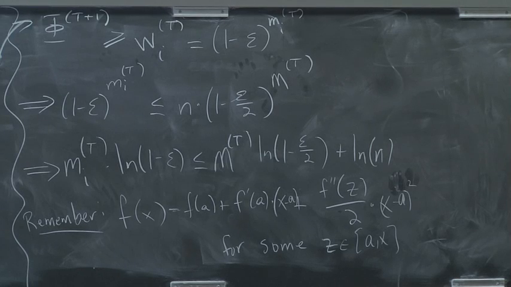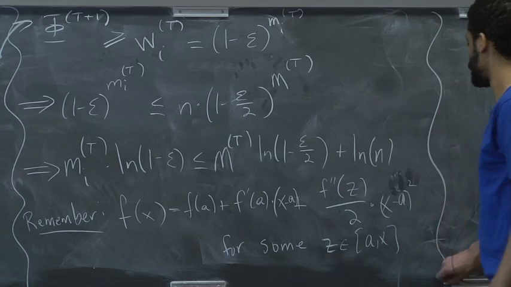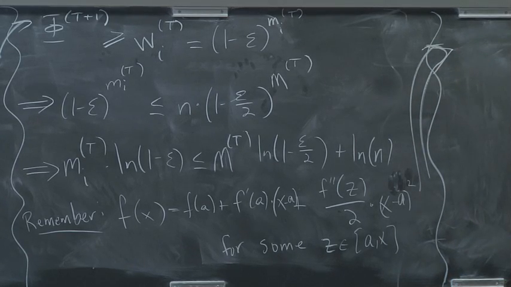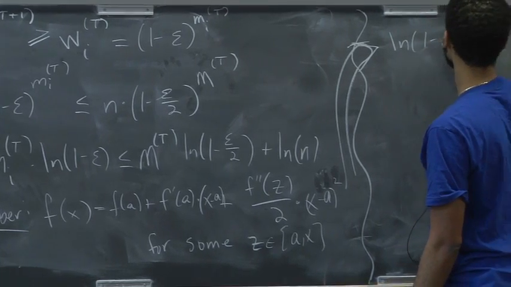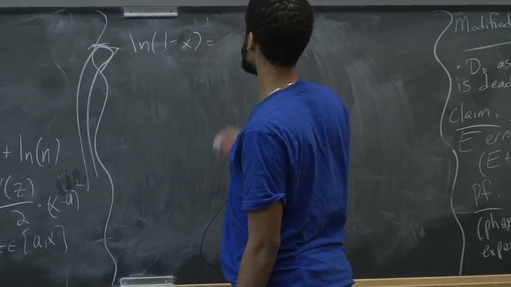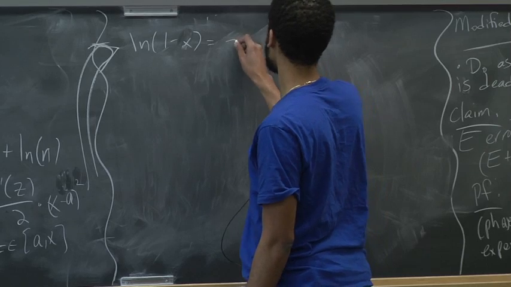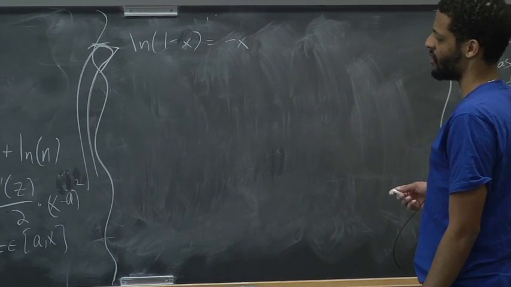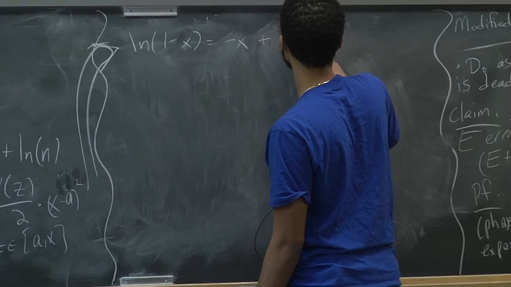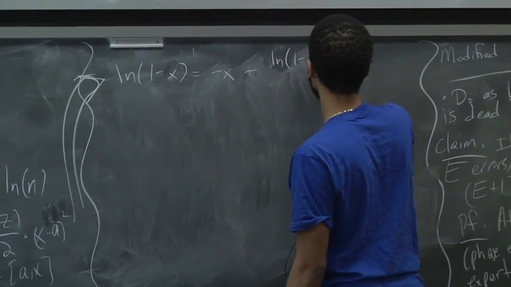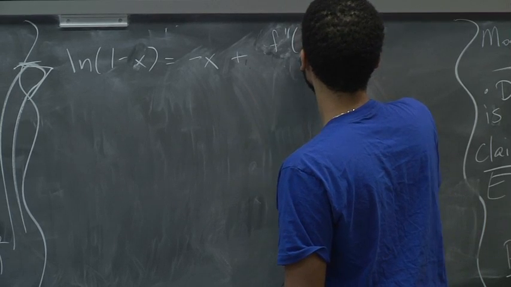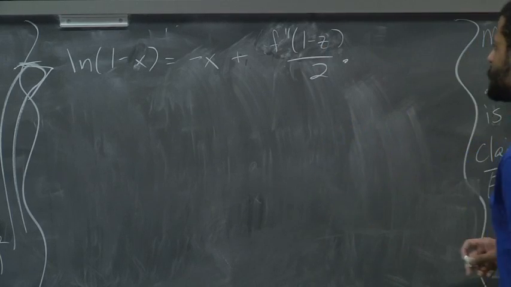Okay. So this tells us, this implies that ln of 1 minus x is equal to minus x plus an error term, which is the largest derivative of, so you take the function ln of 1 minus z, times x squared.